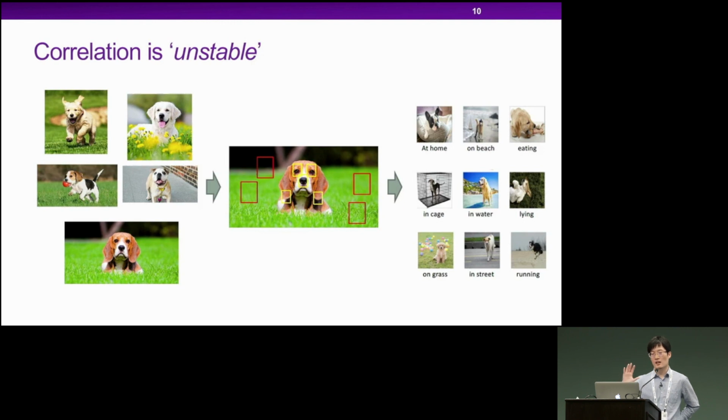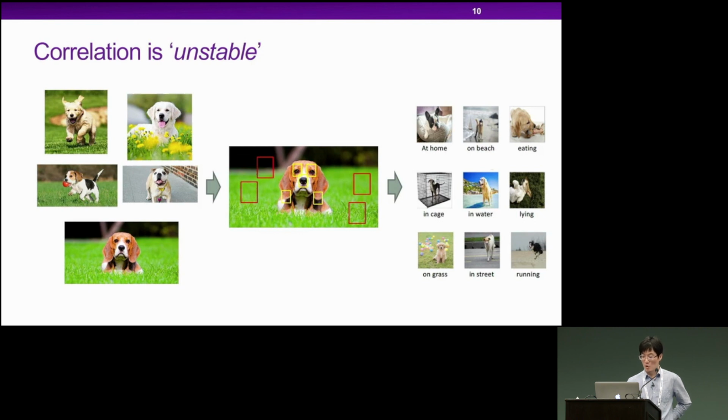So when we build a model based on this kind of correlation, we think that the grass feature has high predictive power for dog classification. But if the environment changes, if we apply this dog classifier to other environments, with this kind of data, right?